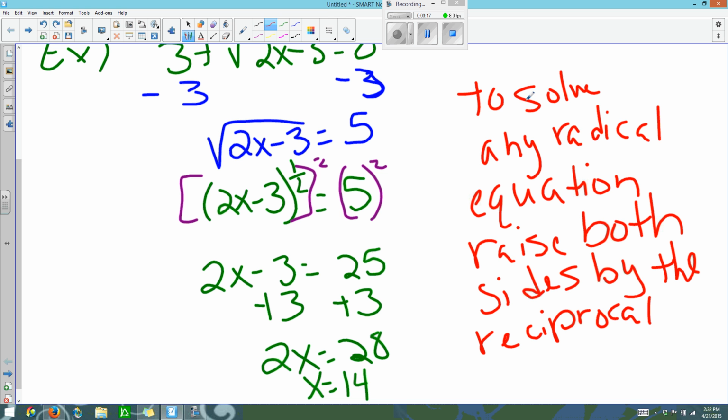Okay, so in general, to solve any radical equation, you raise both sides by the reciprocal.